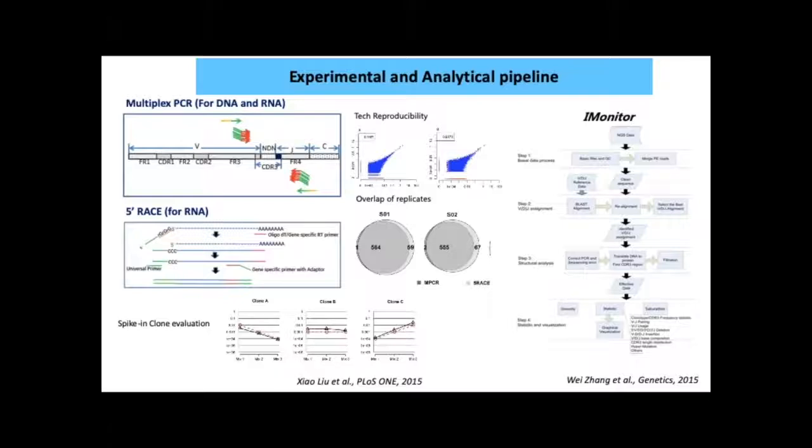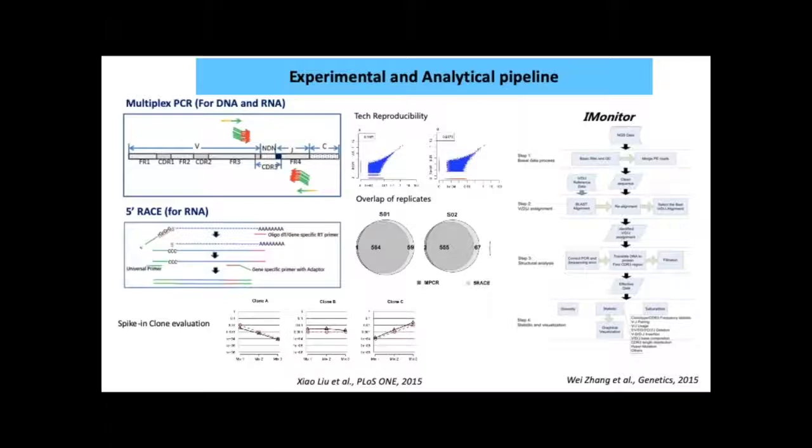For DNA, the most straightforward approach is amplification enrichment of the repertoire. We spent a lot of time optimizing the primer set, using synthetic templates to optimize the primers, determine the best primer concentrations, and eliminate bias.